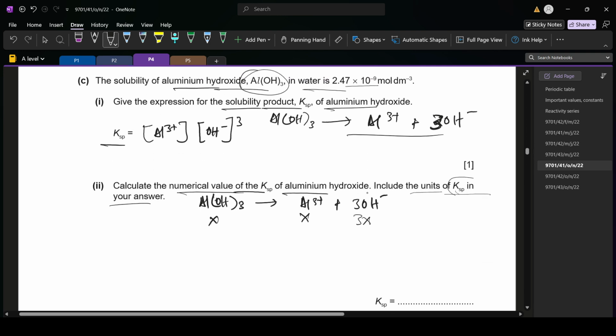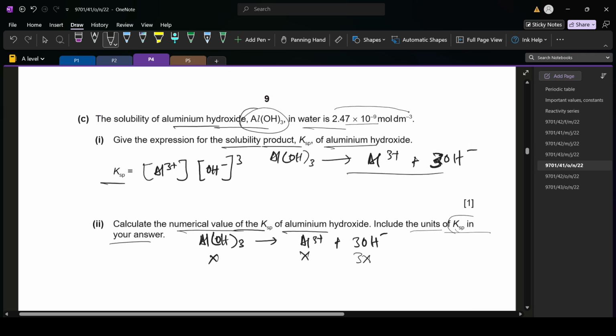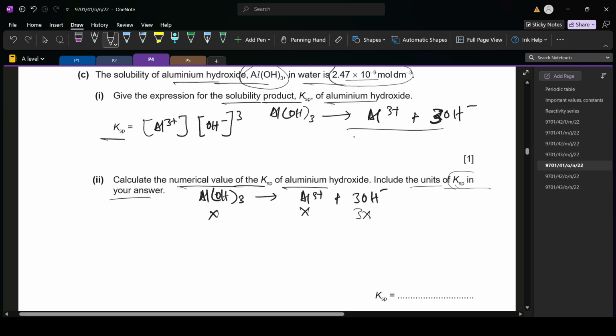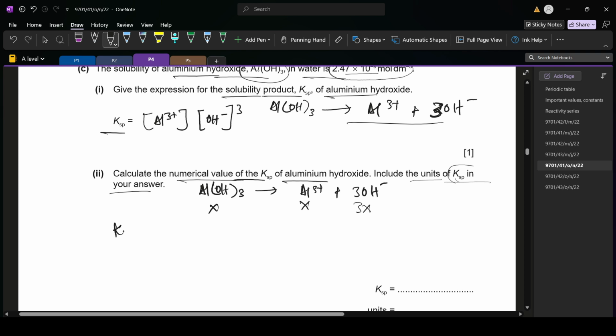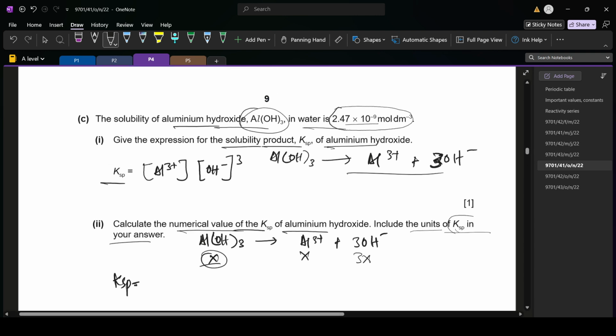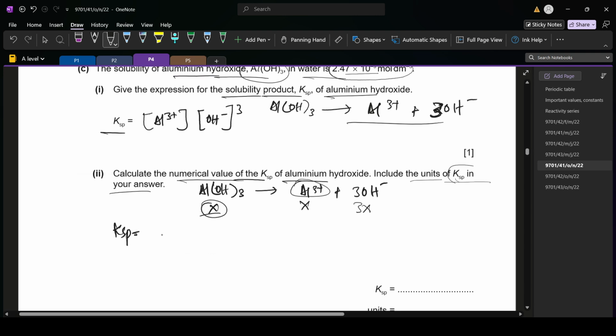Here you are given the concentration, which is 2.47 × 10^-9. So in Ksp, when the concentration of aluminum hydroxide is 2.47 × 10^-9, the concentration of aluminum 3+ ions which will form will also be 2.47 × 10^-9.